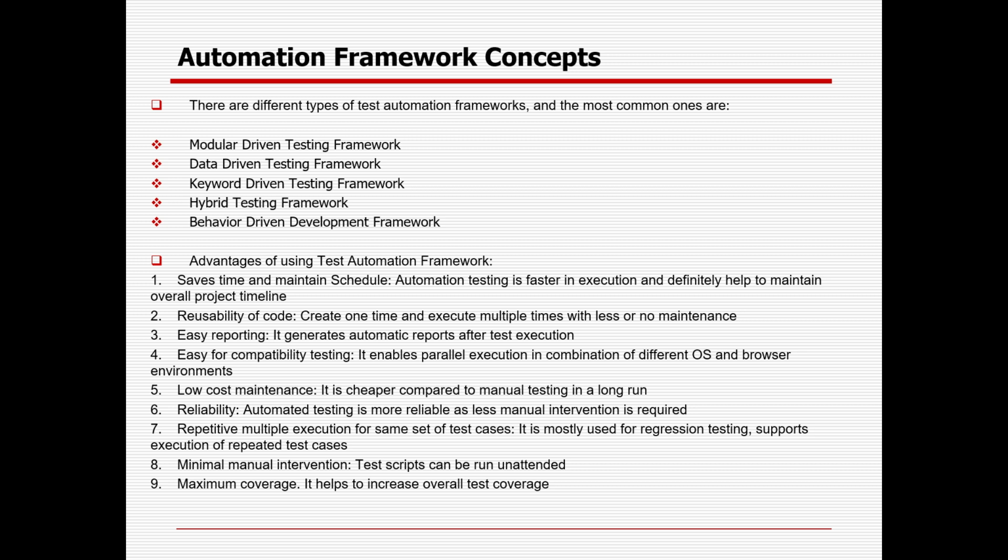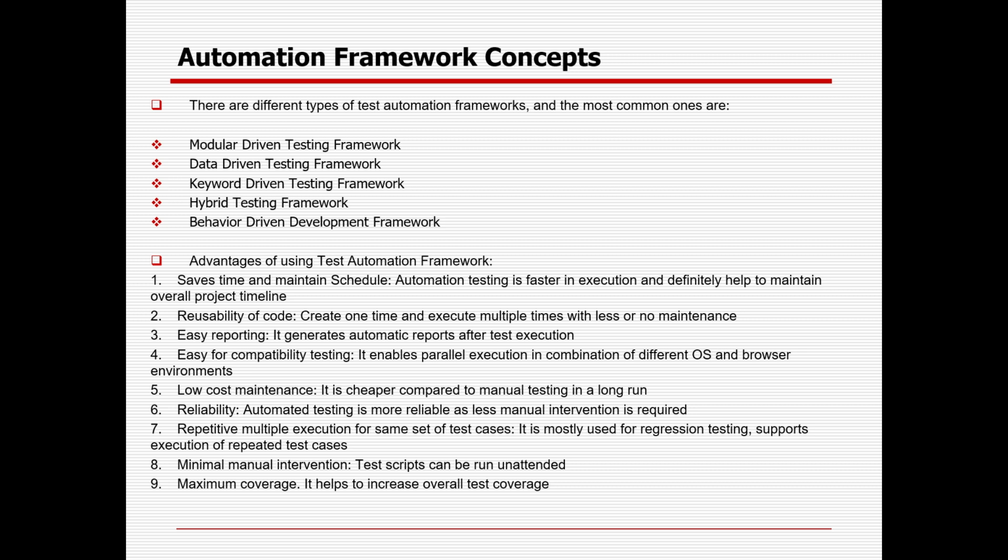Low cost maintenance. As it is automation, initially you need to invest a lot of time to develop the code, but once the code is developed, you can run it any number of times, and in case some modification is required, you only update the reusable component. So down the line it is cheaper compared to manual testing in the long run.